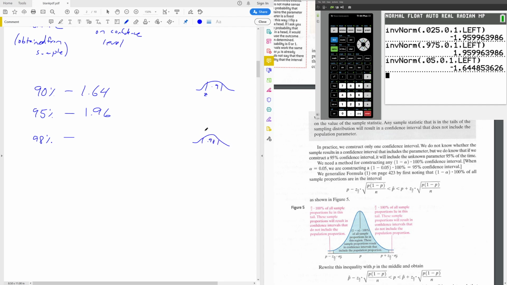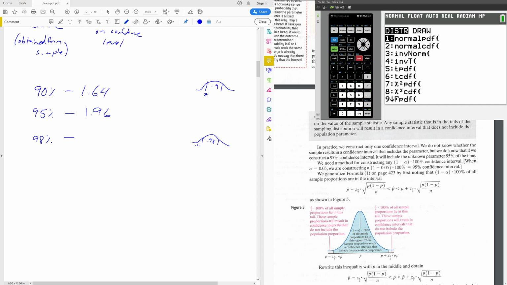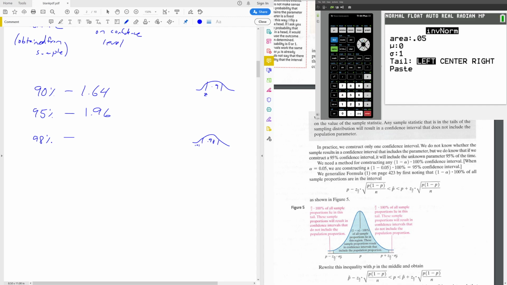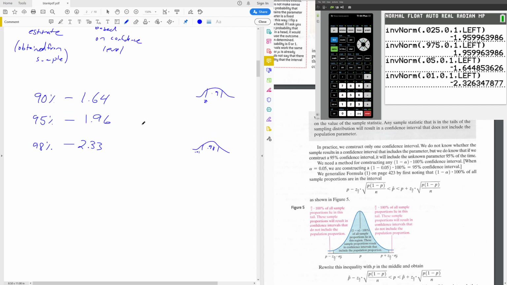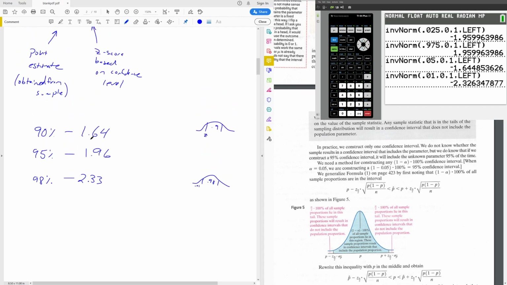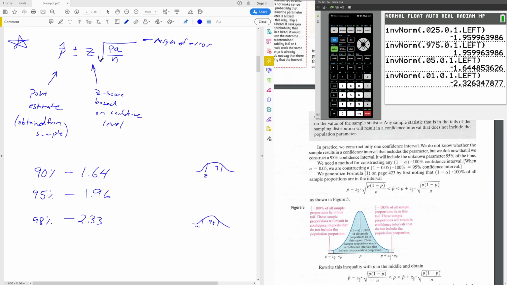And for 98%, again, if we sort of sketch this, we got 98% here. So 2%'s left out. On one side is only 1%. And so we do that. And we get our z-score of approximately 2.33. Okay, so these would be the numbers we would be plugging in for the z value.